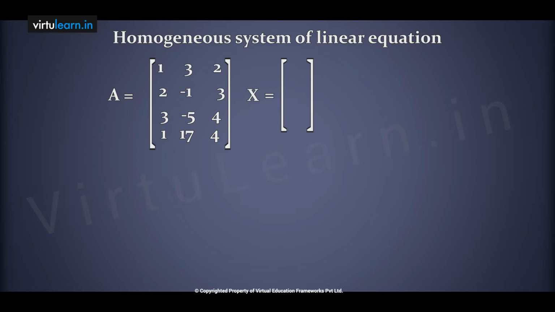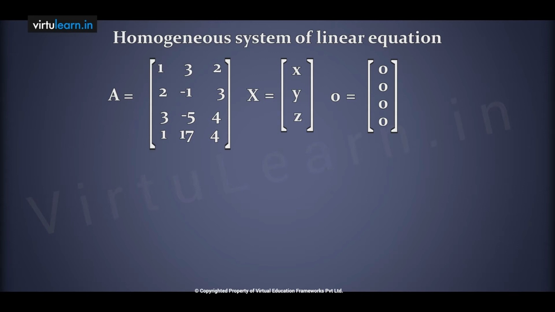X is the variable matrix x, y, z, and the right side is the 0 matrix. Observe the 4 equations: on the RHS every term is 0, so the constant matrix is the 0 matrix. If the constant matrix is the 0 matrix, then the given system of linear equations is a homogeneous system of linear equations.